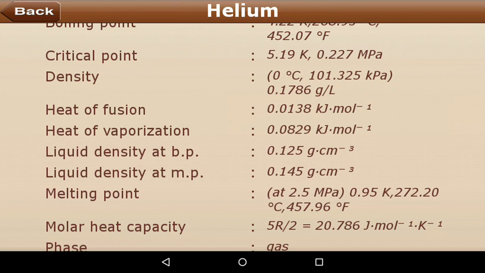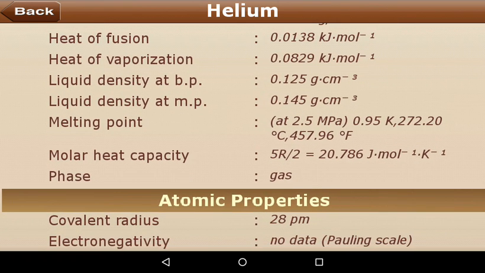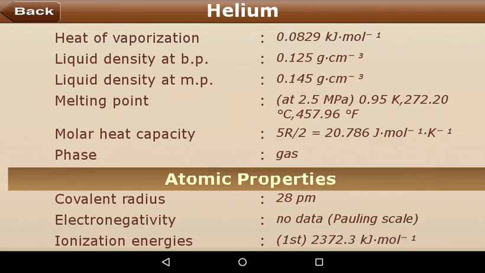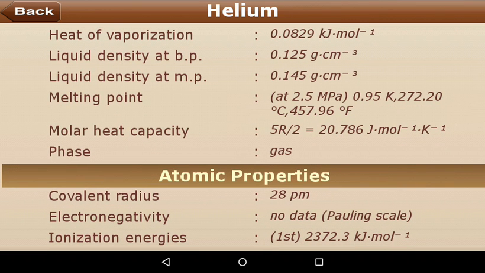Heat of fusion. Fusion is the process whereby something comes together, that is, small particles come together to form a bigger one. That's what fusion is. So it has a heat of fusion of 0.125 kJ per mole.